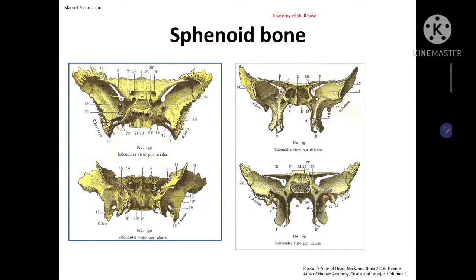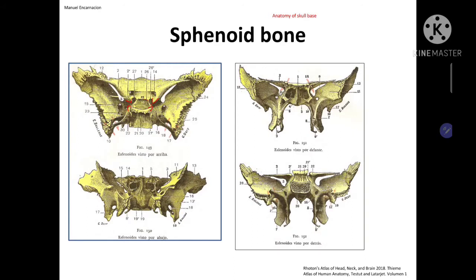So you can see here the sella turcica or hypophyseal fossa. It's limited at four angles by four eminences, called the clinoid processes, anterior here and posterior here. Sometimes there is a middle clinoid process here.